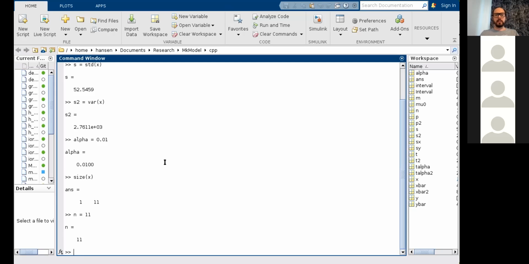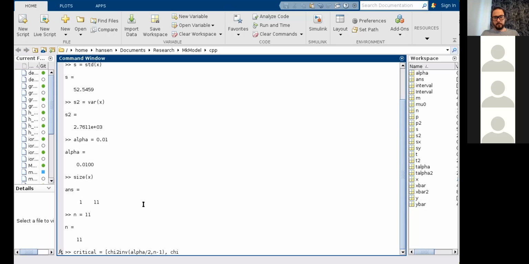So let's calculate the critical region first. We're using the chi-squared distribution, and we have alpha over 2, and our degrees of freedom is n minus 1.